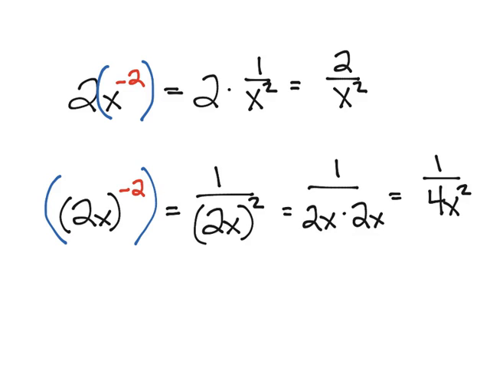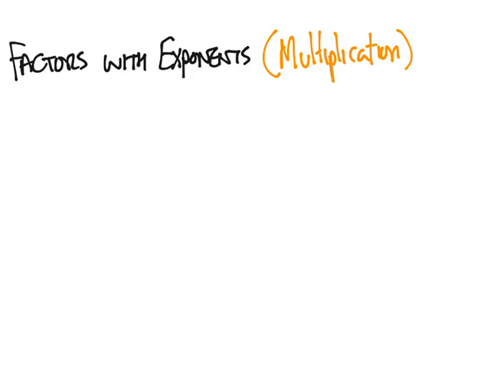Next, let's look at factors with exponents, or multiplication. Factors with exponents is what happens when we talk about multiplying two values that have exponents. In this case, x to the m power times x to the n power can be represented as x to the m plus n power.